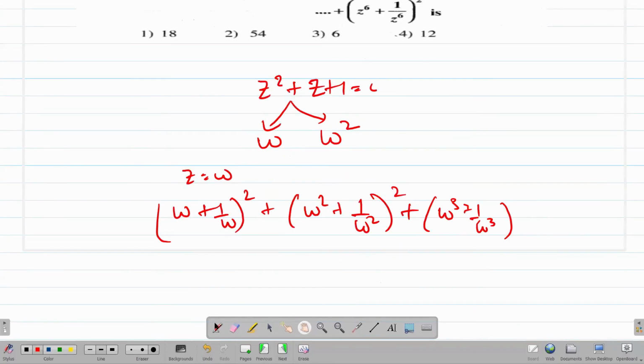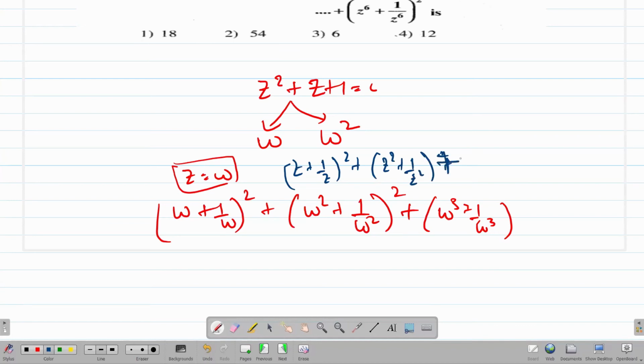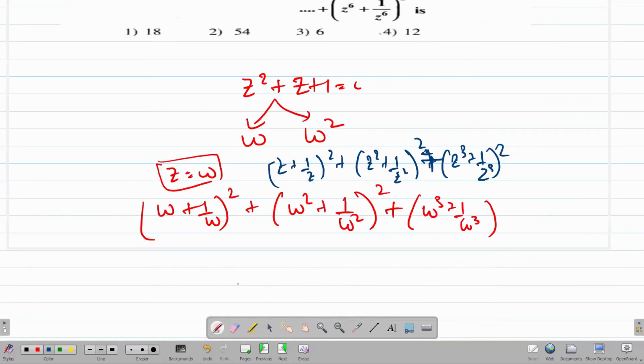So the above equation is this: z plus 1 by z whole square, then z square plus 1 by z square whole square, then z cube plus 1 by z cube whole square, till z to the power 6. That means 3 more terms we have, that is z4 plus 1 by z4 whole square, z5 plus 1 by z5 whole square, and z6 plus 1 by z6 whole square.